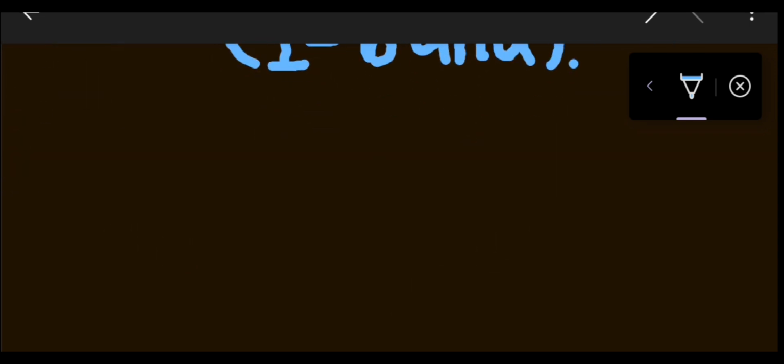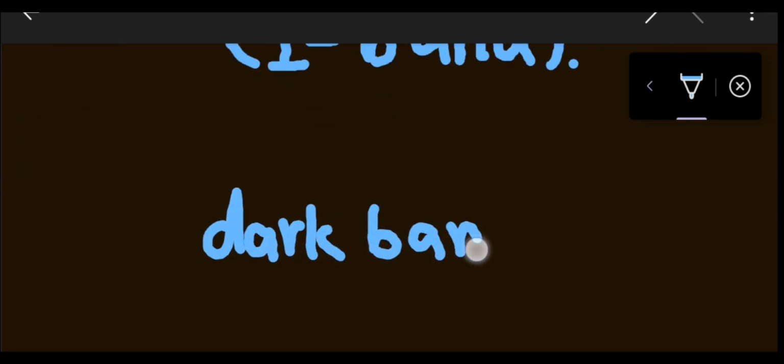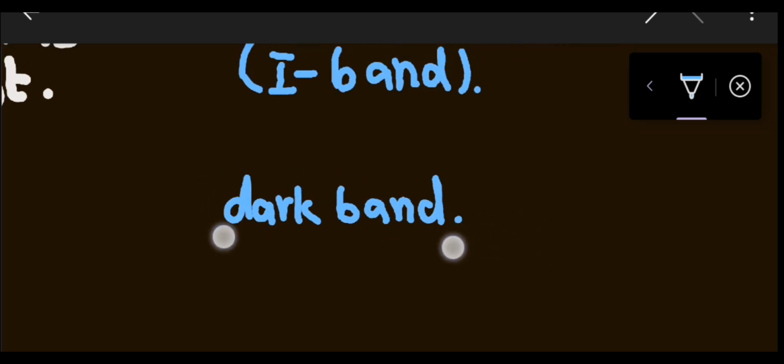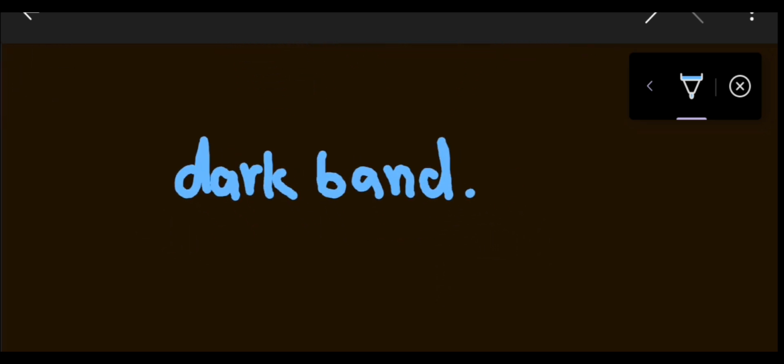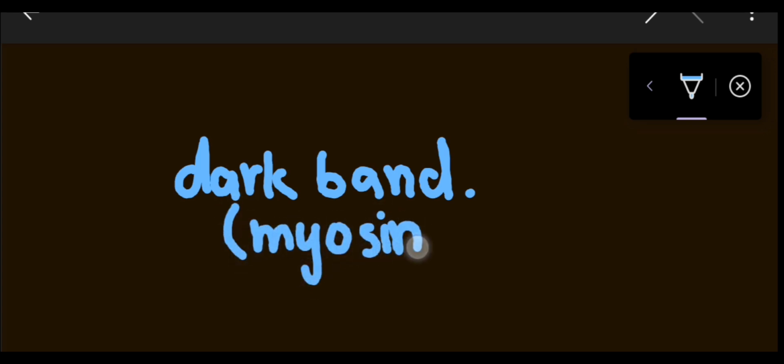And the other is the dark band. This dark band contains myosin filament.